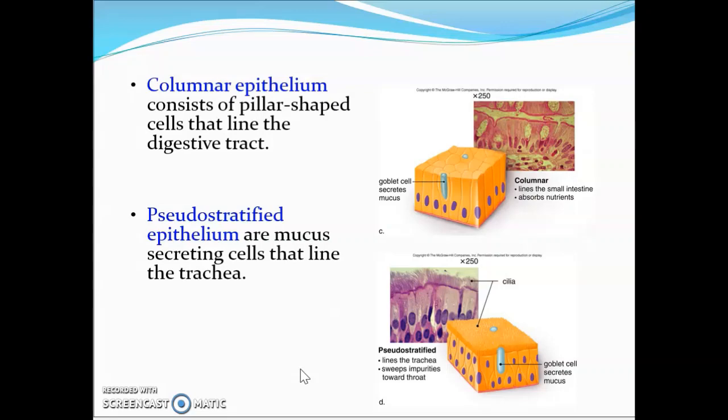These cells are able to produce mucus, which is a sticky liquid that is very important in removing pathogens as well as dust that accidentally enter the body through the respiratory tract.